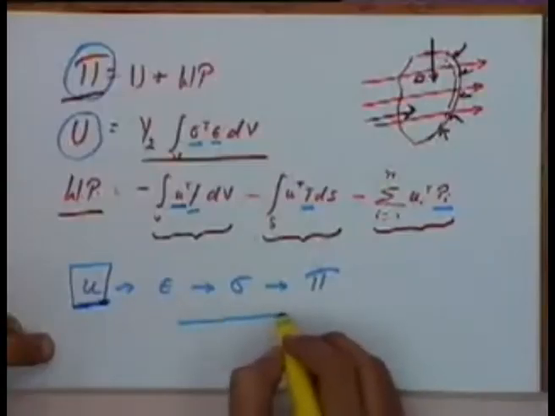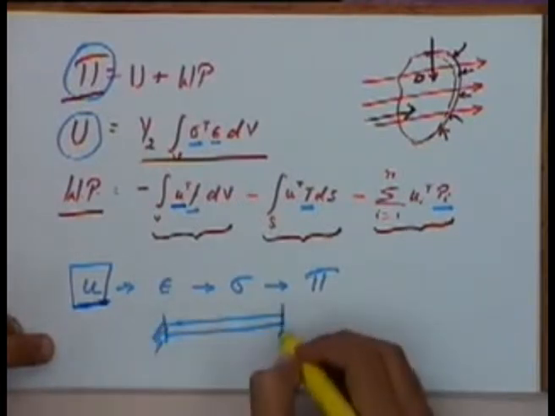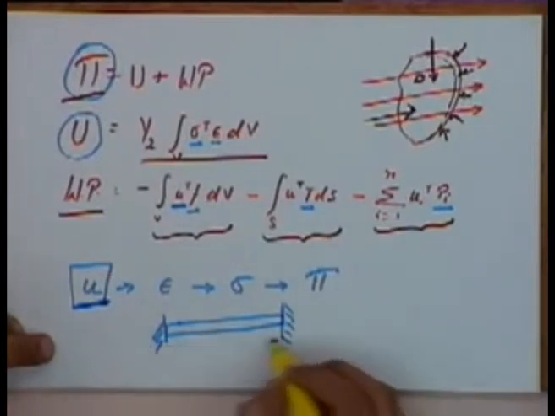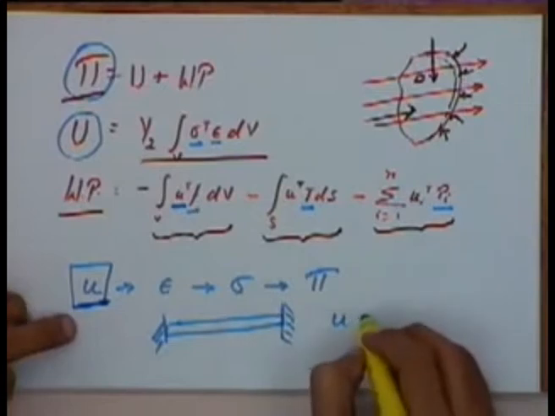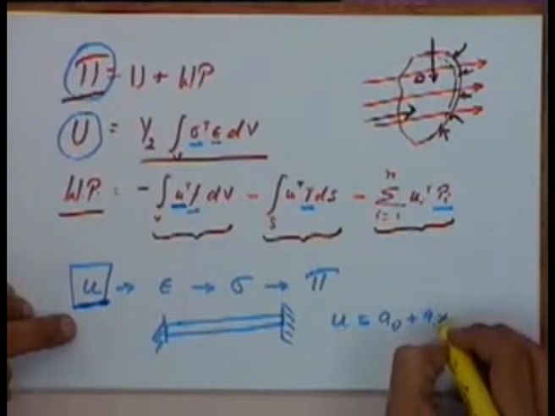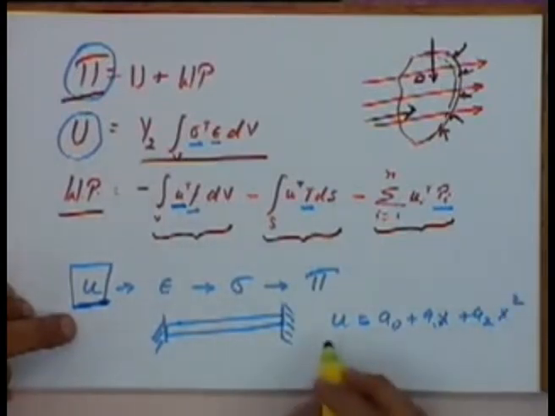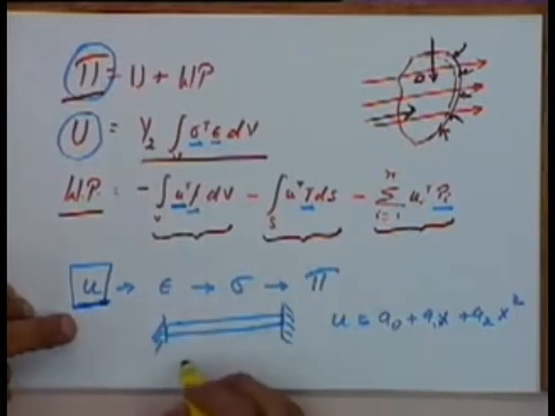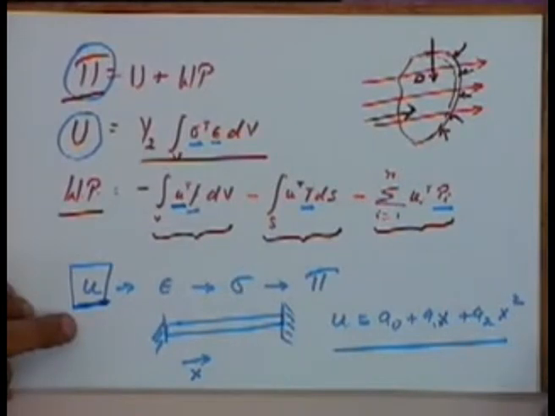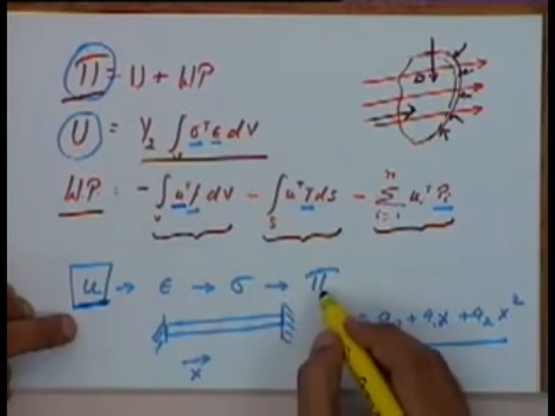For instance, if I have a simple one dimensional object like this, maybe I will say that the deformation u is given by a0 plus a1x plus a2x squared. That means this deformation as a function of x is given by this. Once I know u, I can calculate epsilon, I can calculate sigma, and I can calculate the potential energy.